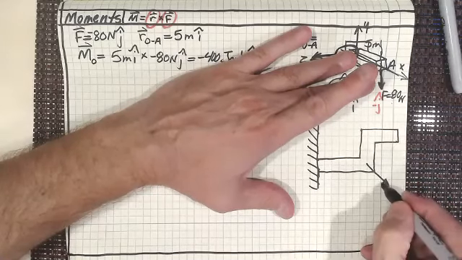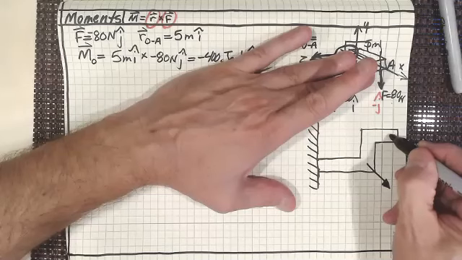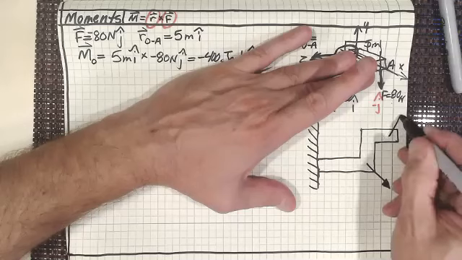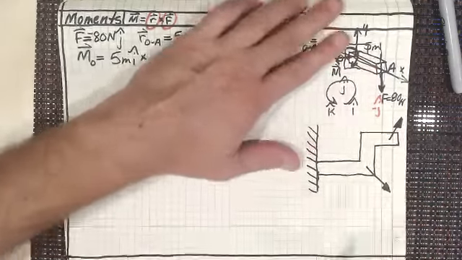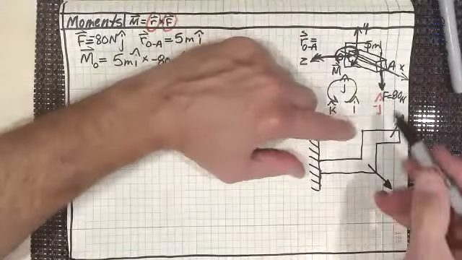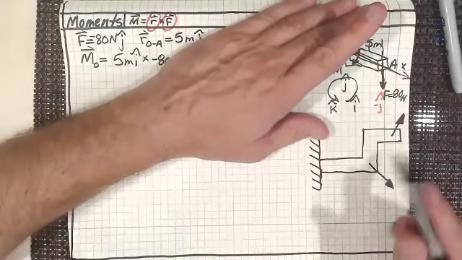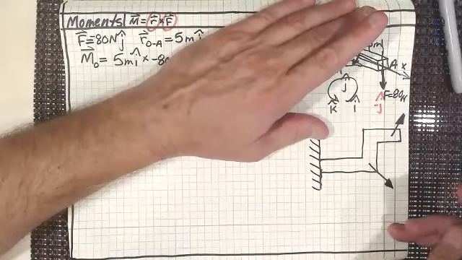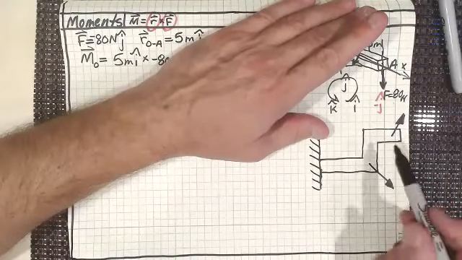Then we've got another one that's pulling it up at a 60-degree angle in this direction. Both of these are relatively the same. This is a steel flange, so we don't have to worry about that. But we want to look at where the main forces are and the moments.